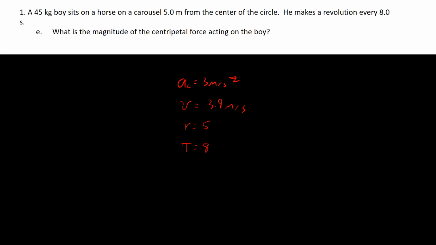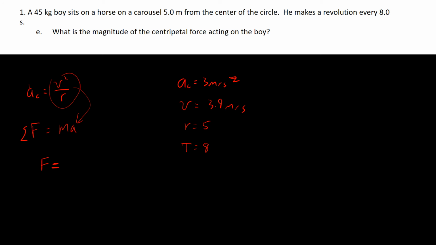Now, I gave you this equation, but I don't have it. I have to remember that. This is good practice for me to derive these equations. So I'm going to insert this acceleration into the sum of the forces, Newton's second law, right? So sum of forces equals ma. I'm going to substitute this in for acceleration. And that means there's only one force I'm dealing with right now, centripetal force.